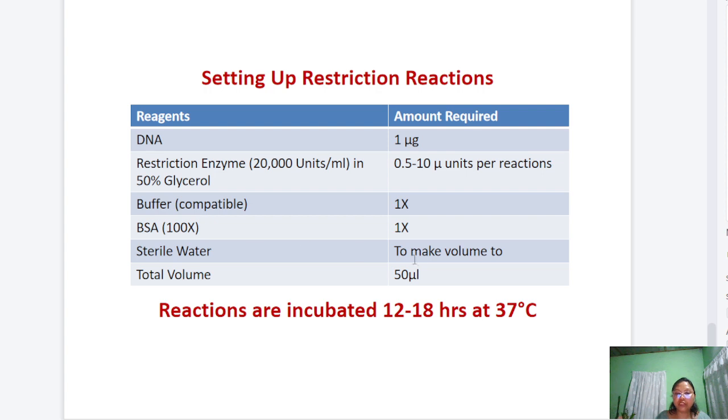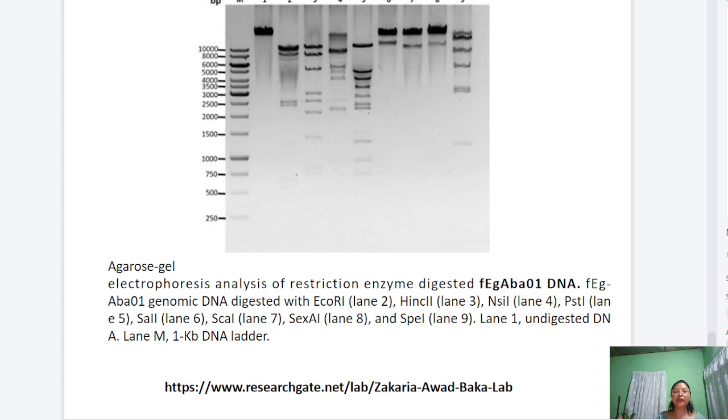The sterile water will make up the volume as needed, and the total volume should be 50 microliters. Once you have added all these components together, the reactions are incubated for 12 to 18 hours at 37 degrees centigrade. And after that, you will run it in gel electrophoresis, and basically this is how you're going to see the bands.